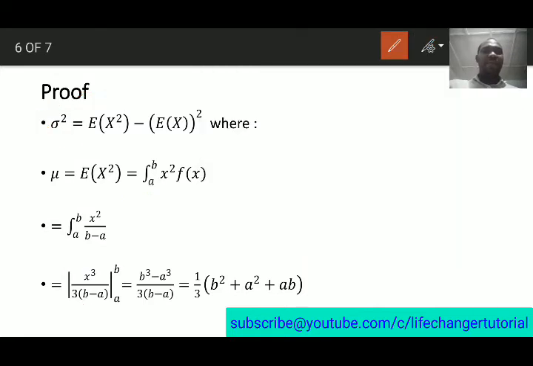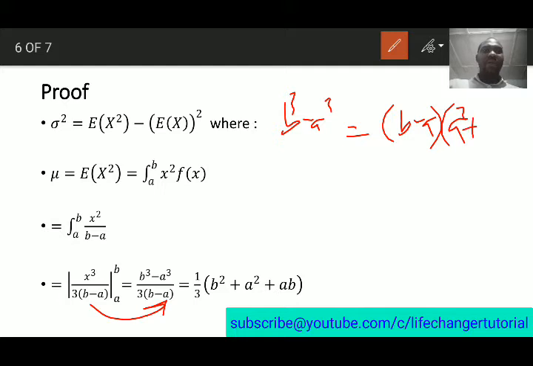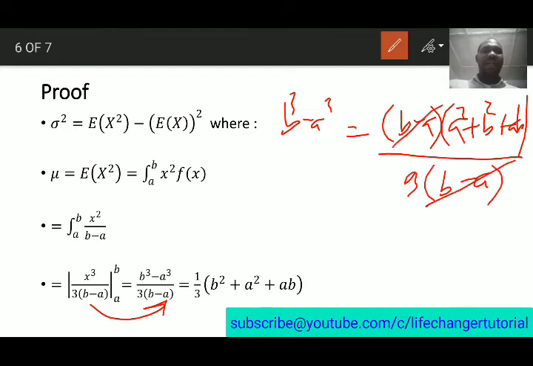And you should note that b cubed minus a cubed is the same thing as (b minus a) times (a squared plus b squared plus ab). It is a rule of factorization. Now divided by 3 into (b minus a), b minus a cancels b minus a.